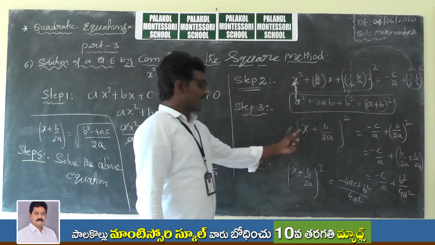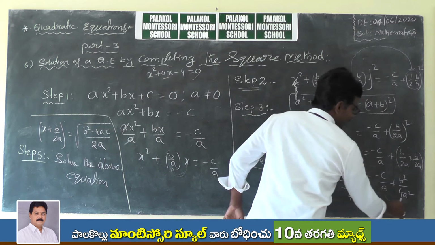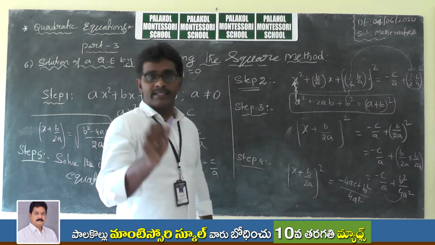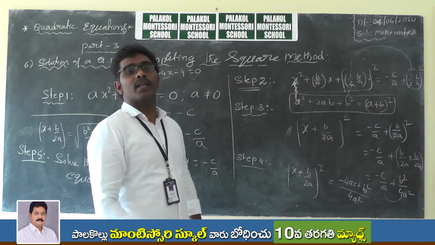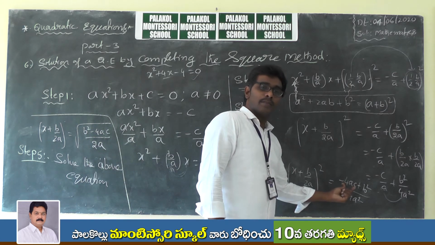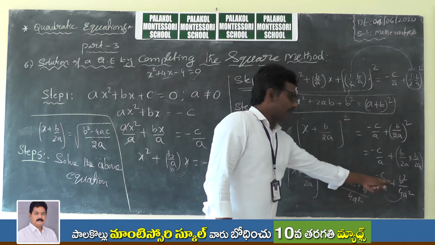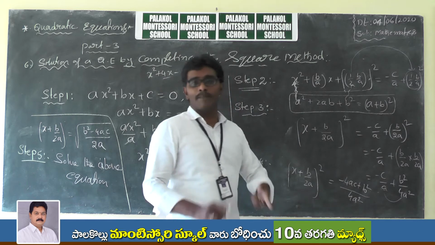Step 4, x plus b by 2a whole square is equal to, you find out the LCM of a and 4a square, you get that LCM is 4a square. The a is cancelled in the 4a square, 4a times. So 4a into minus c, you get minus 4ac. Plus sign is there, note that down. So 4a square, both are matching.